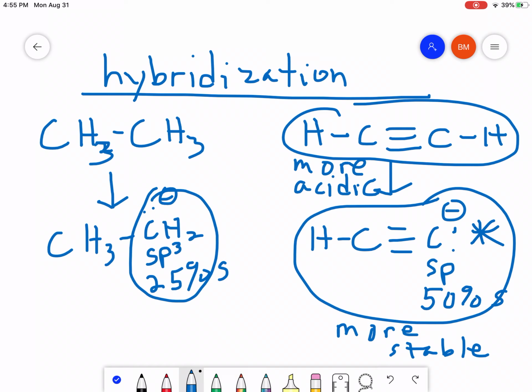But yeah, the higher the S character, the more stable electrons found in those orbitals are. As a result, the parent molecule is more acidic. I do want to reemphasize, this is the weakest effect. So if you had something like resonance or induction that was playing a part, then that would totally change the story, right?